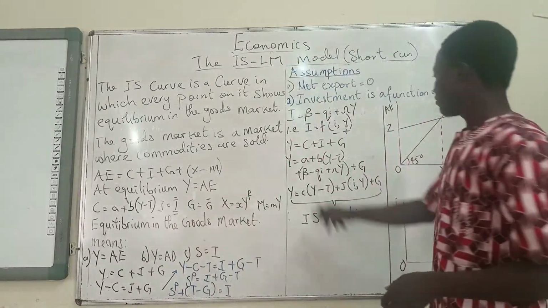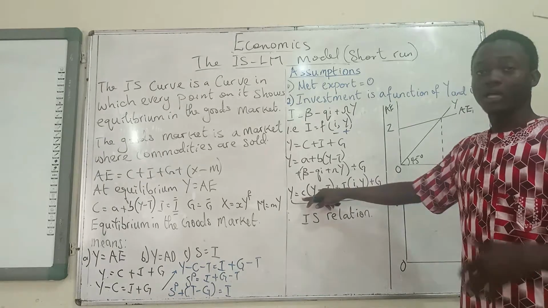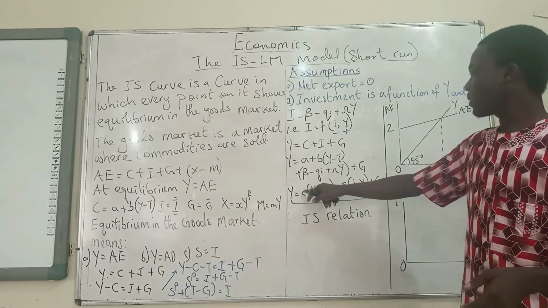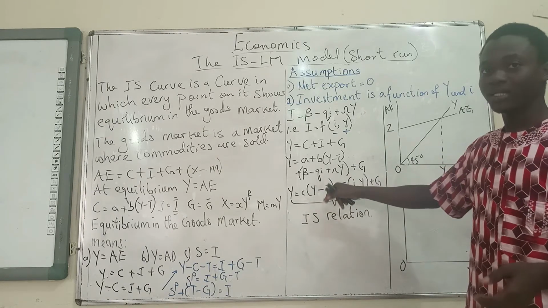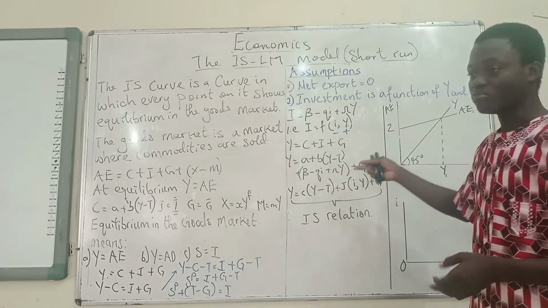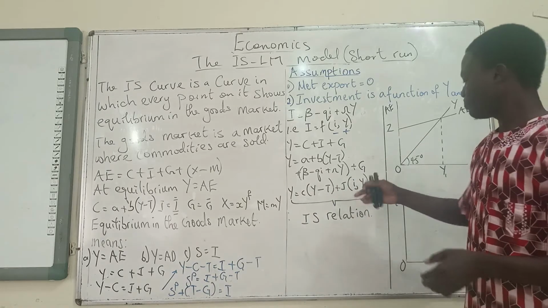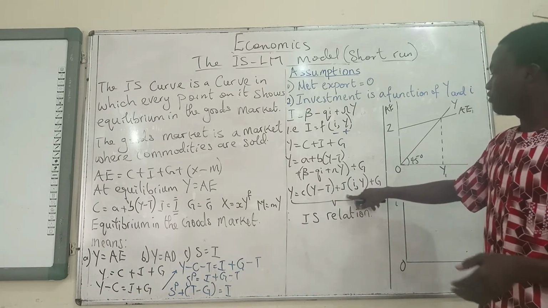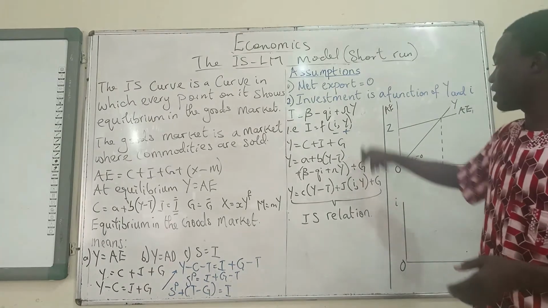So this is representing the consumption function. So y equals consumption, which is a function of y minus t, that is, a function of disposable income, where t here could be lump sum or proportional, but here it is still lump sum. Now plus I, so investment is a function of interest rates and national output, plus g.